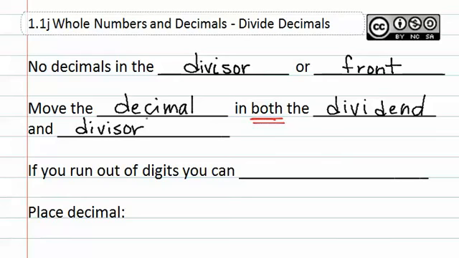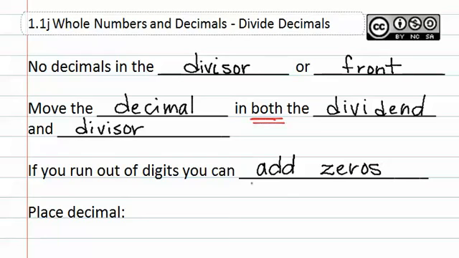If you run out of digits while doing the long division, meaning there are no more numbers to carry down, we will need to be adding zeros to the number inside.